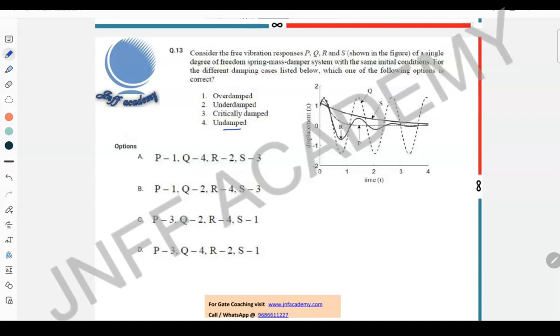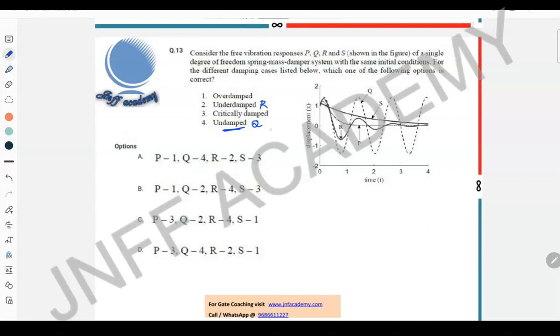If you look at this, undamped is the dotted line Q, so without any decay it will oscillate. That is for the undamped condition. Then for the underdamped condition, after following certain oscillations it will come to rest. So the R graph represents the underdamped condition.